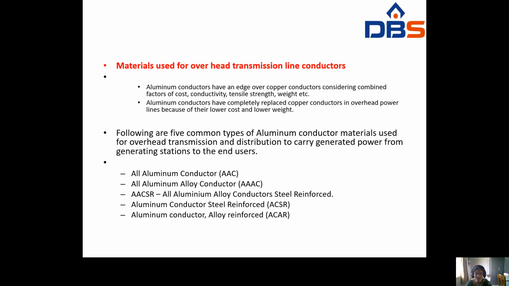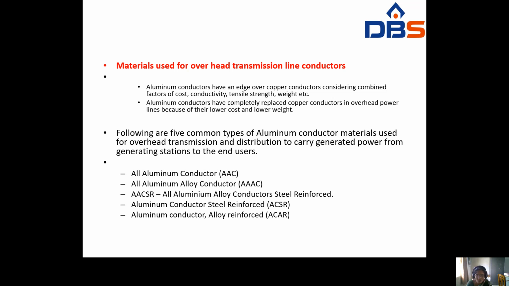The following five types of aluminum conductor materials are used for overhead transmission and distribution to carry generated power from the generating stations to the end users.